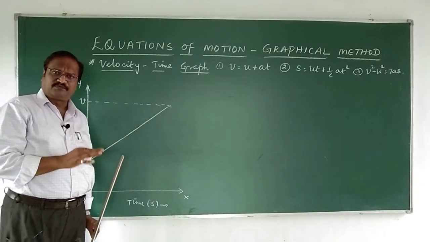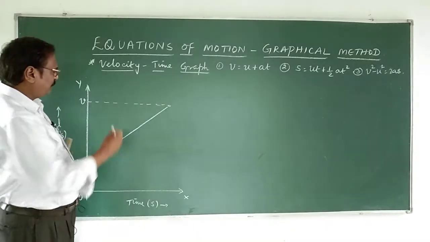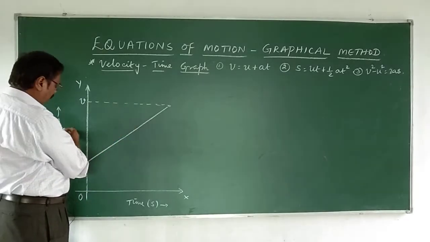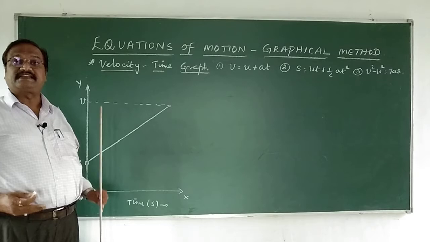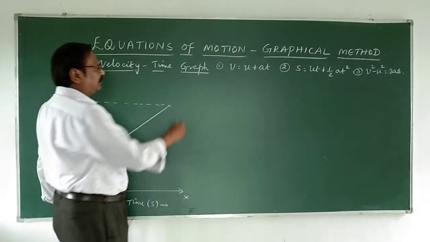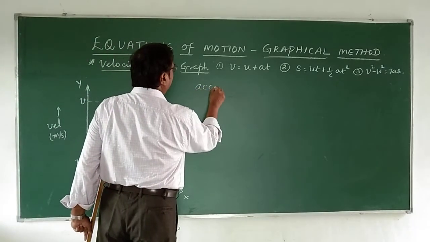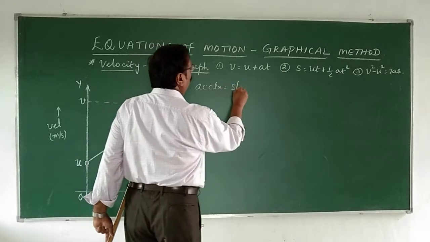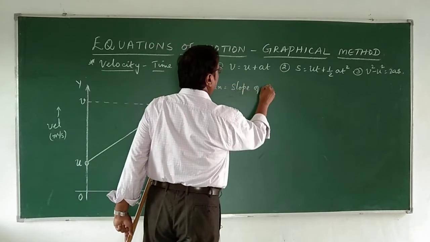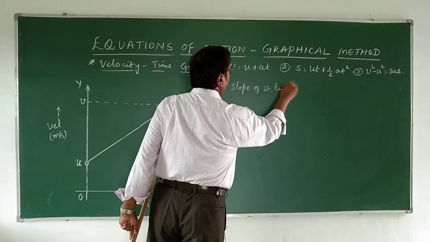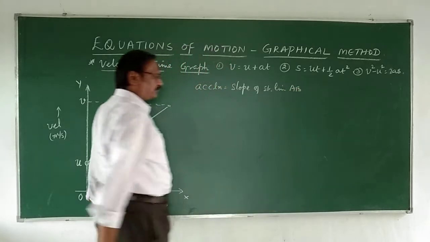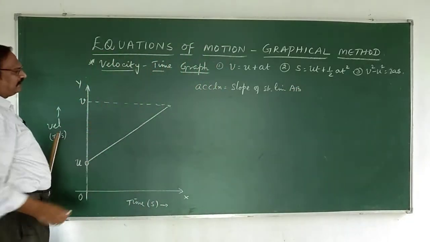With this graph, we already studied that the slope of a velocity-time graph gives us acceleration. So acceleration is equal to the slope of the straight line AB. How do we calculate the slope?